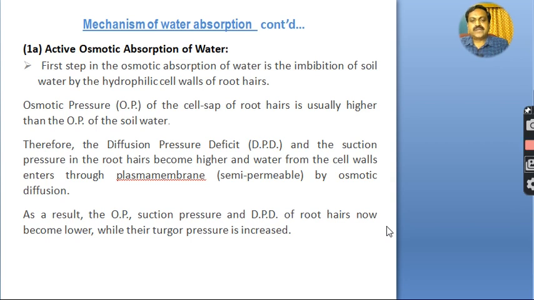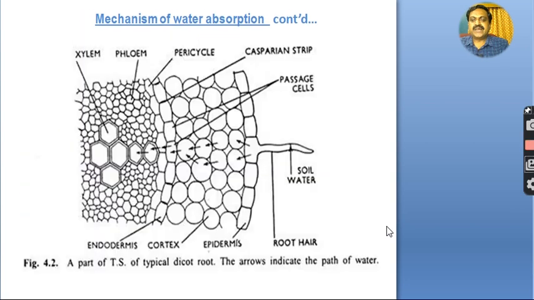As a result, the osmotic pressure, suction pressure, and diffusion pressure deficit of the root hairs now become lower while their turgor pressure is increased.